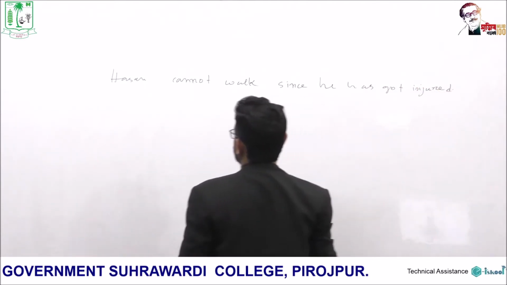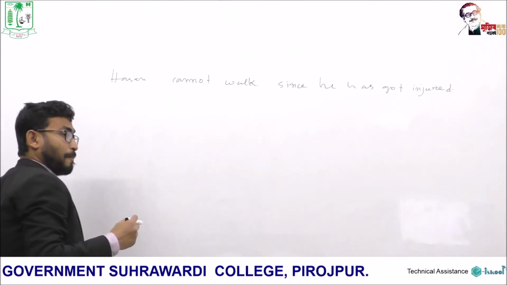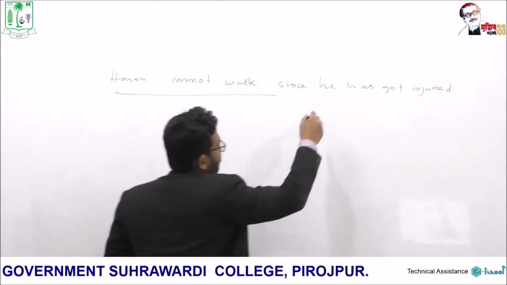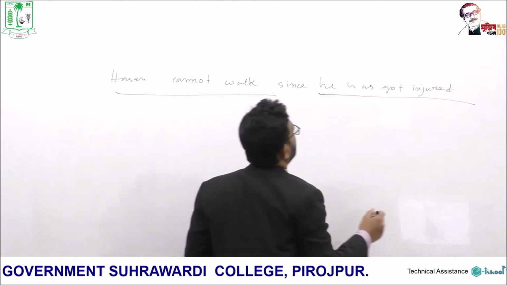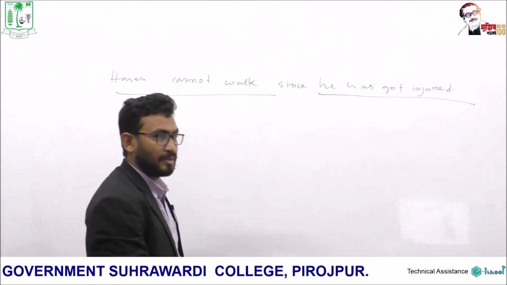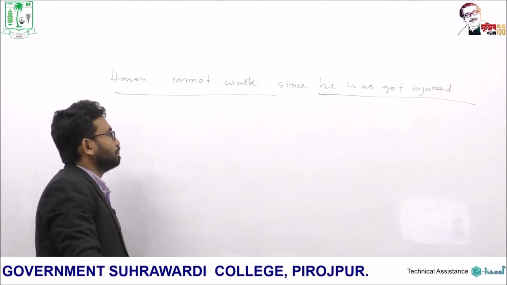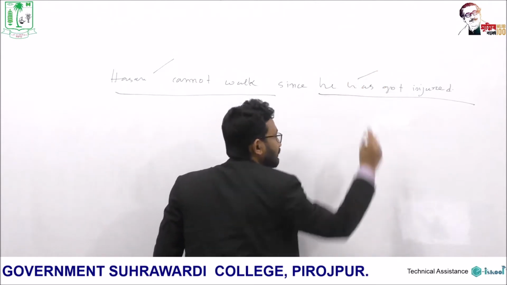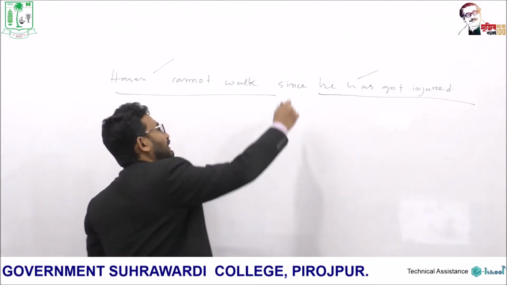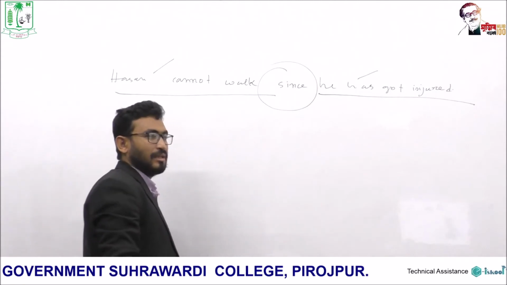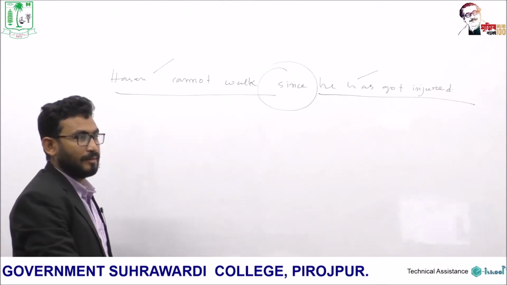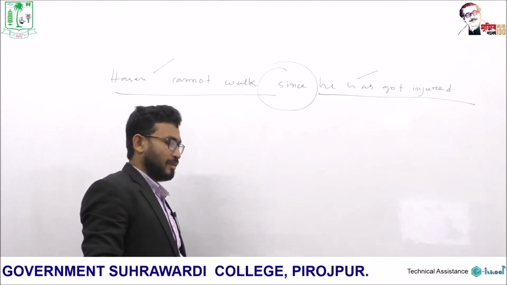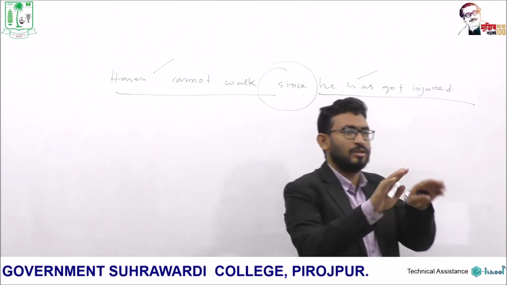This is an example of a complex sentence. One clause is Hassan cannot walk, the other is he has got injured. So this one is the principal clause, the other one is the subordinate clause. What is this? This is a subordinate conjunction. What is the function of a conjunction? We know the function of a conjunction is to connect two clauses.